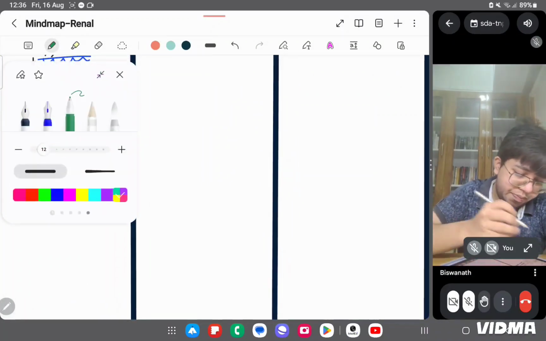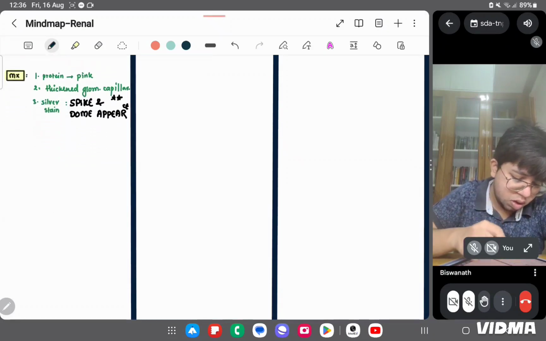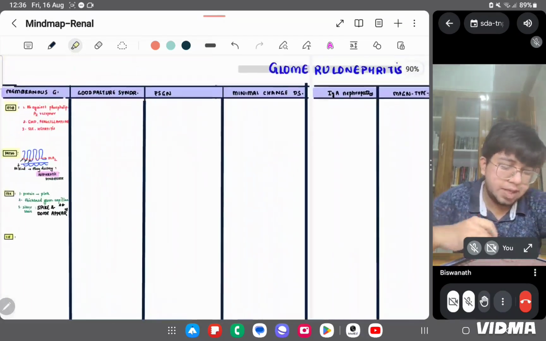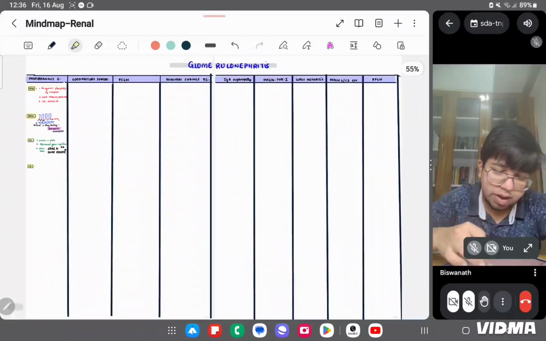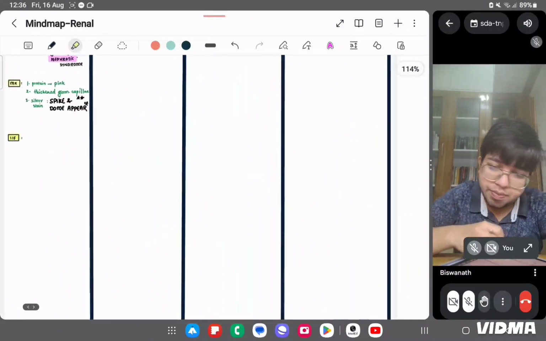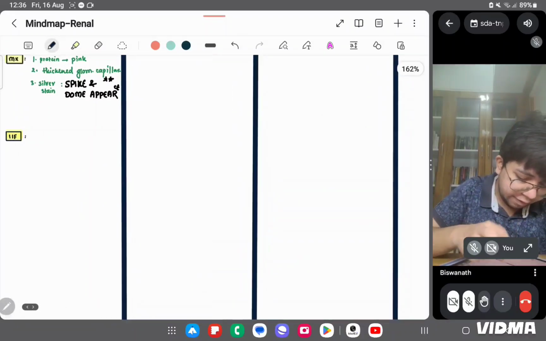Okay. So here we are taking immunofluorescence, IIF. I'm leaving space and writing because we have to do a wide range of conditions, right? To do this many diseases, I'm giving spaces.